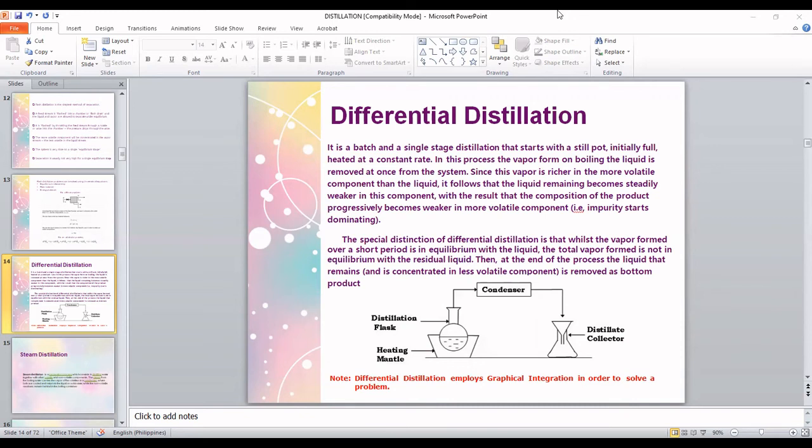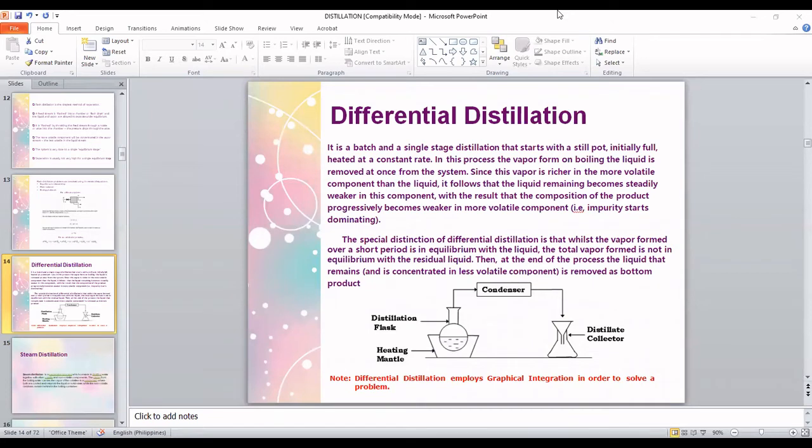Yes. The vapor formed, so never mind the previous phrases. The vapor formed over a short period is in equilibrium with the liquid. What liquid is it referring to? But the total vapor formed is not in equilibrium with the residual liquid. I think with the term residual, you would know what it is contrasting. So what do you think it is trying to tell you?